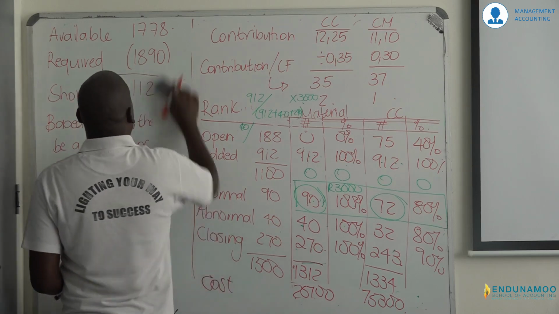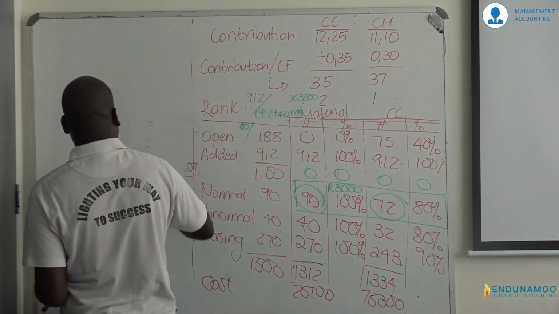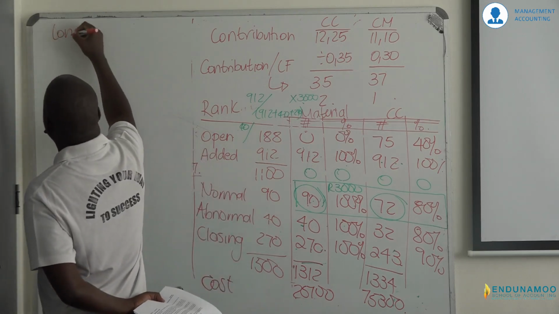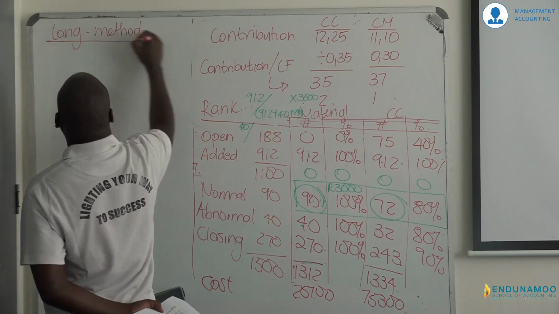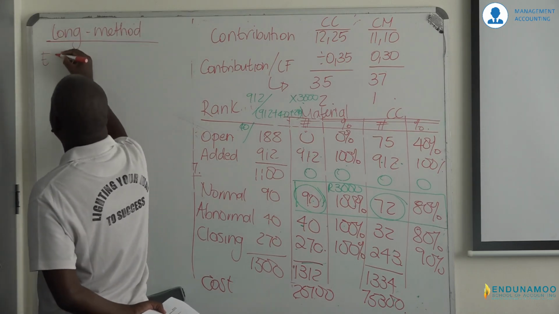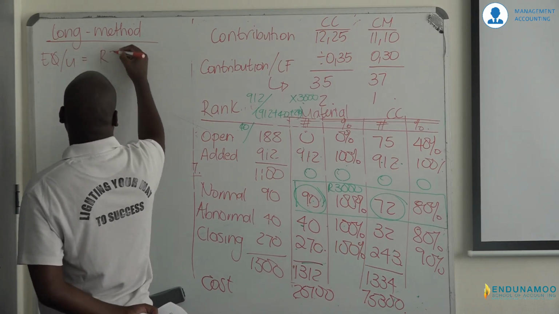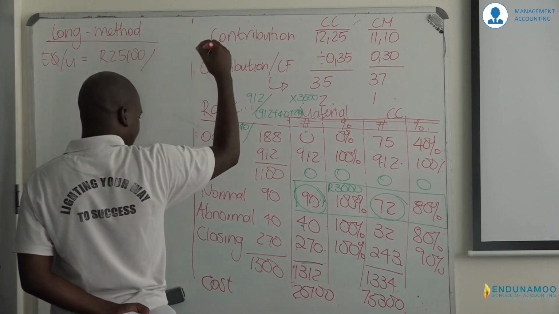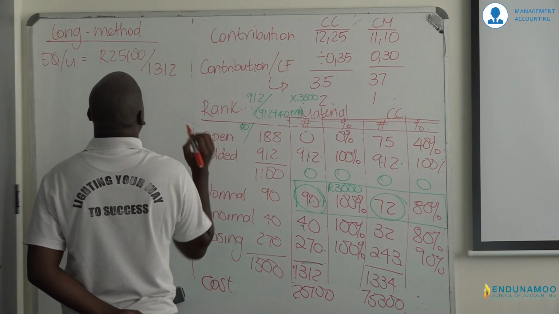So let's do this quickly. Let me just show you for the material only, the long and the short method. Again, the long method. We're going to calculate the equivalent cost per unit for material. So we'll say 25,100 divided by 1312. Let's round to 2 decimals.